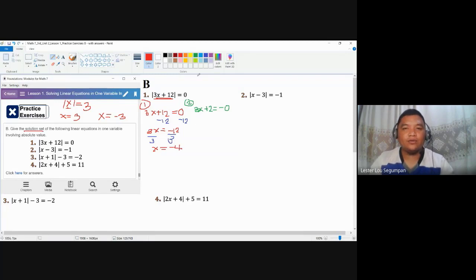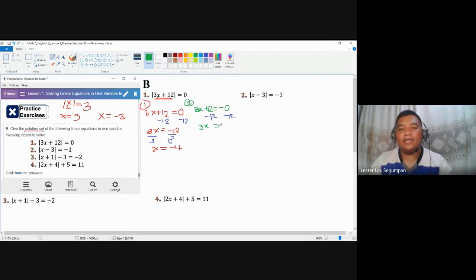As for case 2, we are still going to subtract both sides by 12. By the way, this is 12. This was 12. Sorry for that. Pardon. Going to subtract both sides by 12 still, and you will come up with 3x. That's 0.